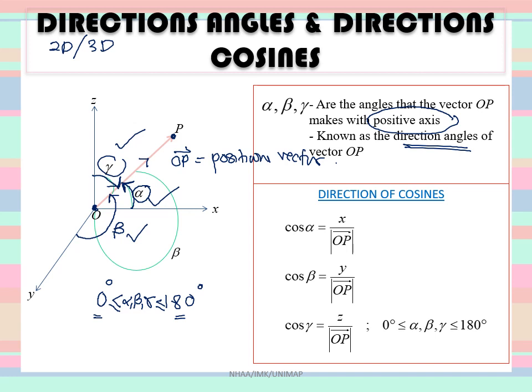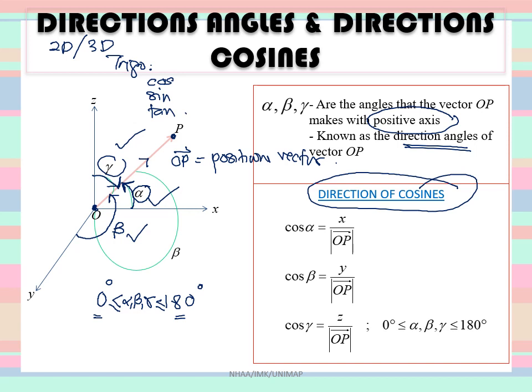Next, what is direction cosine? Direction cosine is calculated based on the cosine term. For an angle, there are three common trigonometric functions that we can use: cos, sine, and tangent.